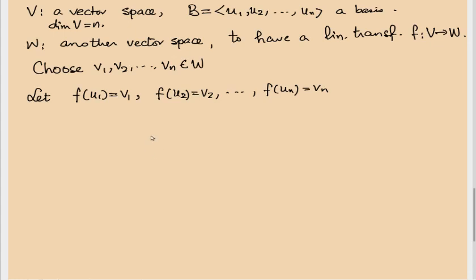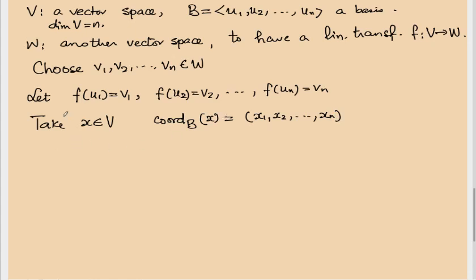What do I do with the general x? Aha, here is the boon of coordinatization. Take any x in V. Look into its coordinates. So suppose it is x1, x2, xn. So this means x is actually x1 u1 plus x2 u2 and so on. Okay.